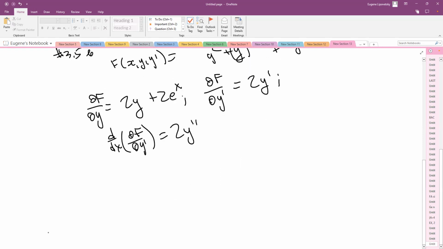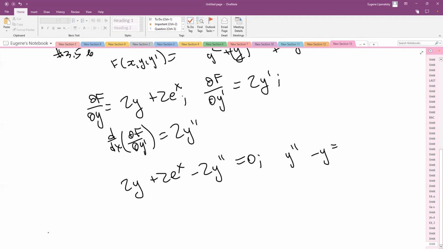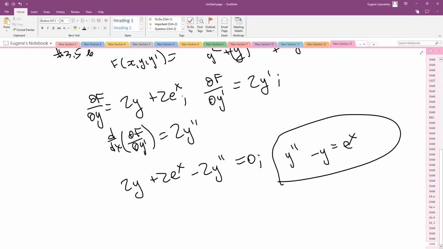The result of this will have that 2y plus 2e to the x minus 2y double prime equals 0. So that means y double prime minus y equals e to the x. Any questions so far?